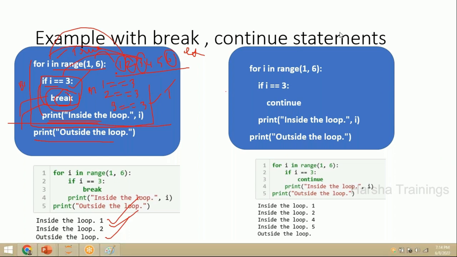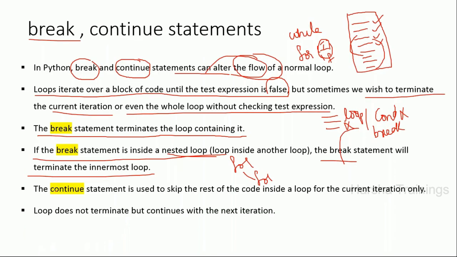Now, let me go for the second statement, the continue statement. Another statement which will be used in either conditions or loops is called the continue statement. When we use the continue statement, it is used to skip the rest of the code inside the loop.